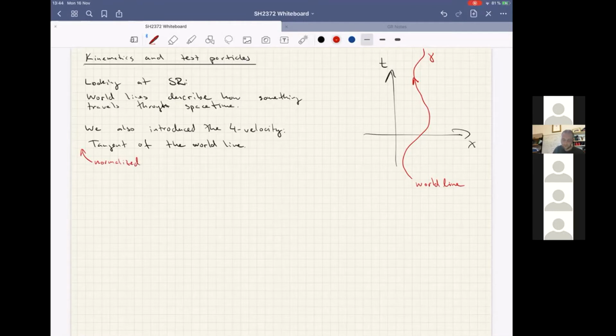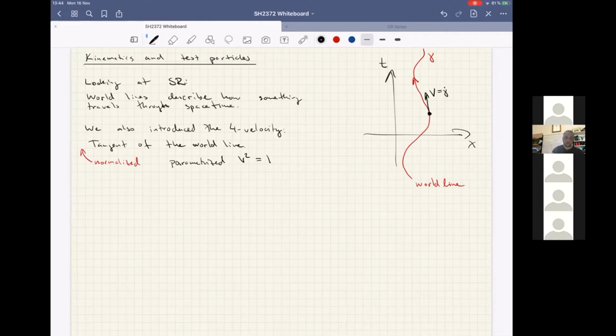So this means that if I take any point along the world line, I have a tangent vector to it that I call V. This is the tangent vector of gamma. And I also parameterize this curve such that the norm of this 4 velocity, V squared, is equal to 1.